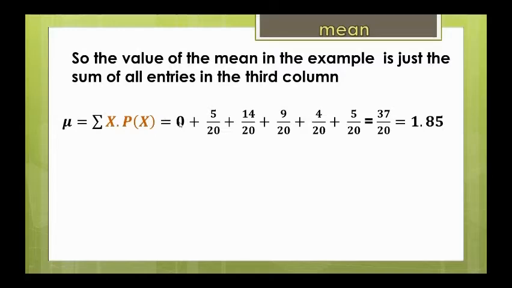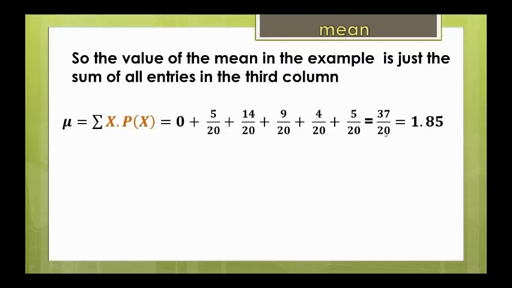So we have 0 plus 5 over 20 plus 14 over 20 plus 9 over 20 plus 4 over 20 plus 5 over 20. That is equivalent to, kopyahan na natin yung denominator since pareho lang lahat sila na 20, common fraction, and then i-add lang natin yung numerator.